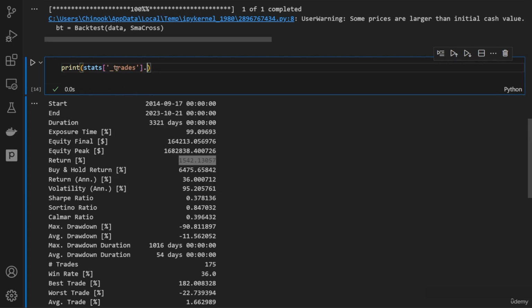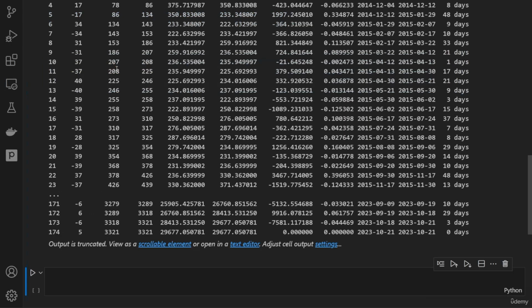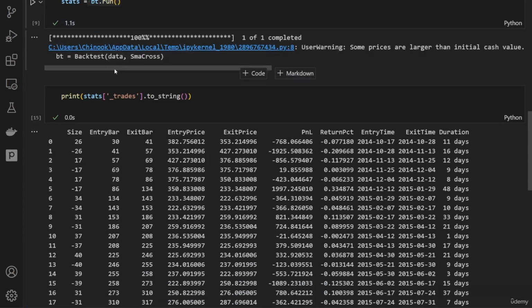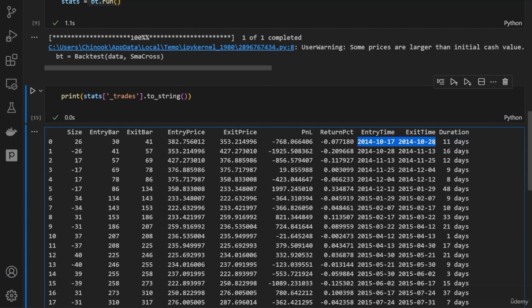And I'm casting it to string, see what we have. And now we have all the trades that happened in our strategy. So the duration of the trade, the entry and exit times, we have the return percentage, the profit versus a loss. So if it's a negative value, we have a loss. In this case, this one is a profitable trade.